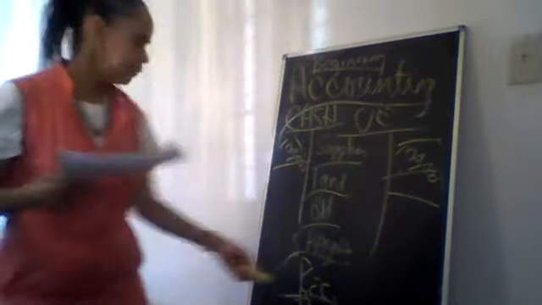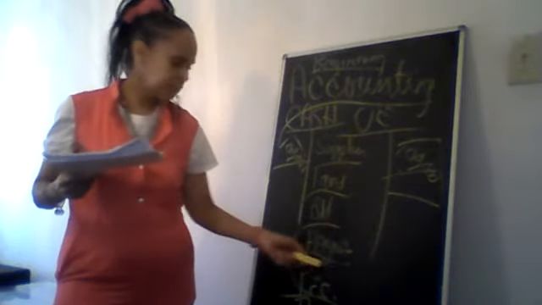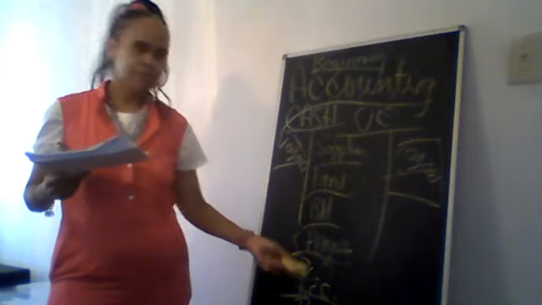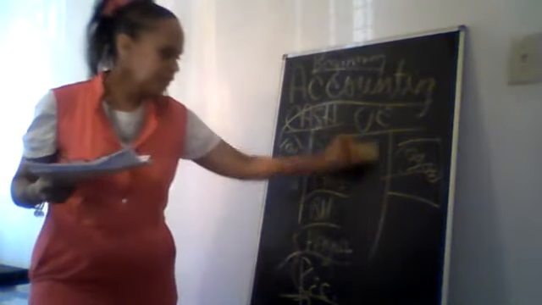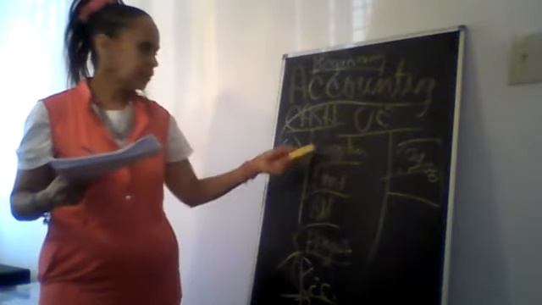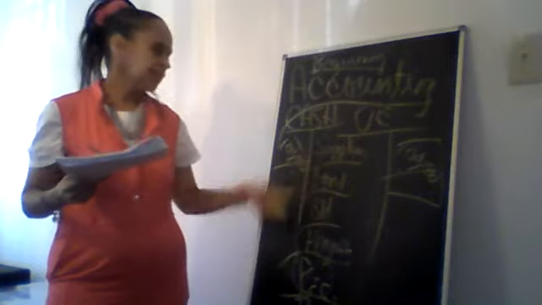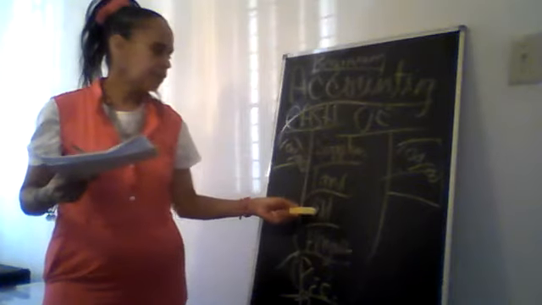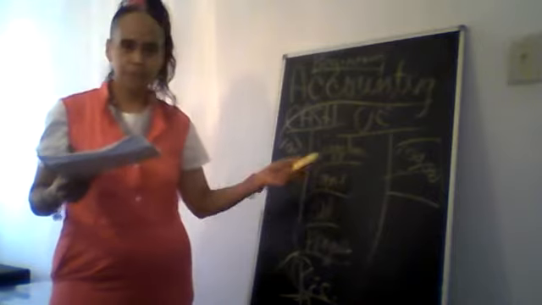All your receivables will count as an asset too. Your receivables are assets because there's money that is expected to come into the company. So these will all be considered transactions. When you purchase supplies, that's a transaction. You're purchasing land, selling land, paying for a building so you can operate your business.